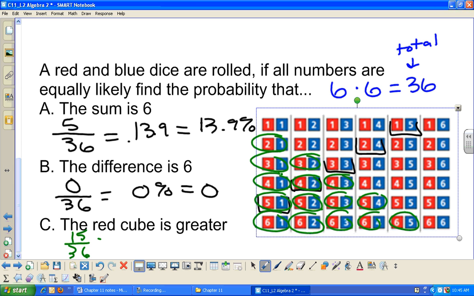So there's 15 possibilities where the red cube is greater. That's the same thing as 5 over 12. So theoretical probability is if I know the total different outcomes, what's the probability already given?